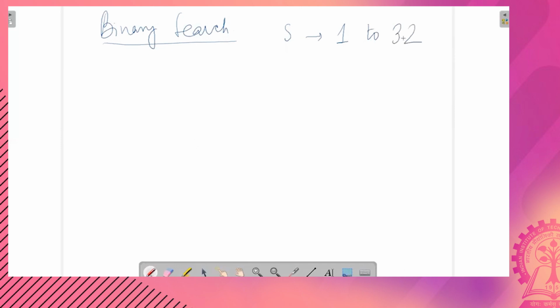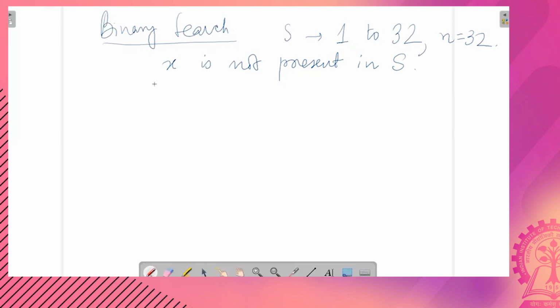So let's say there are 32 items in the list. So basically this means that n is equal to 32. Again, we assume that X is not present in S.